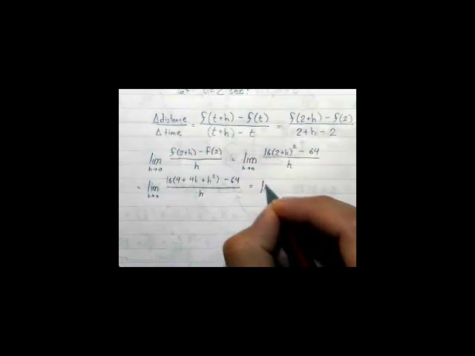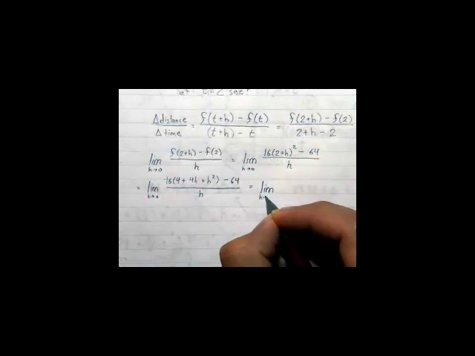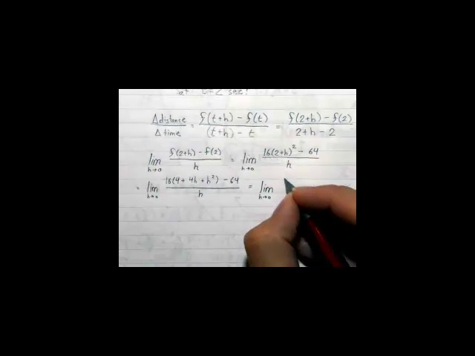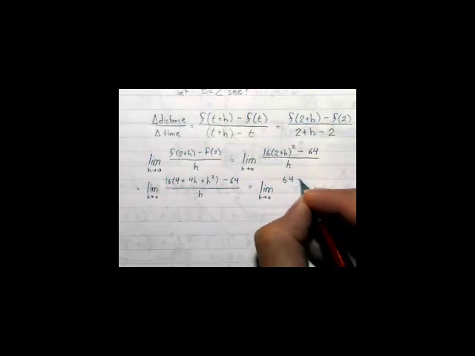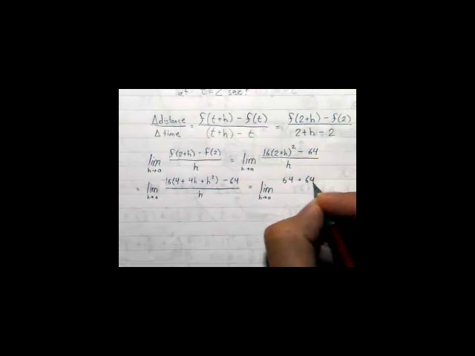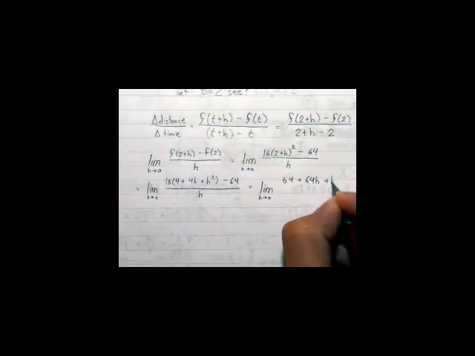And then if we do a little distributing there, we get the limit as h goes to 0 of 64 plus 64h plus h squared minus 64, all divided by h.